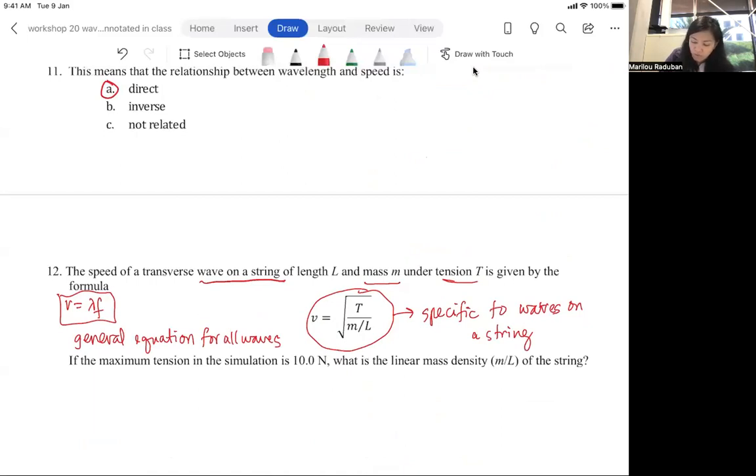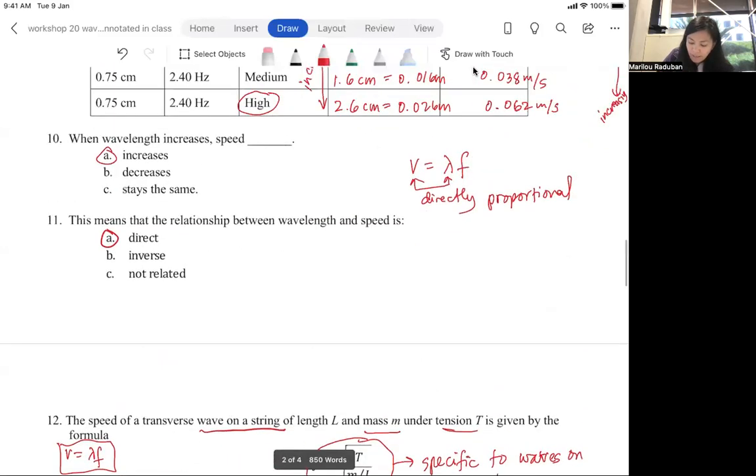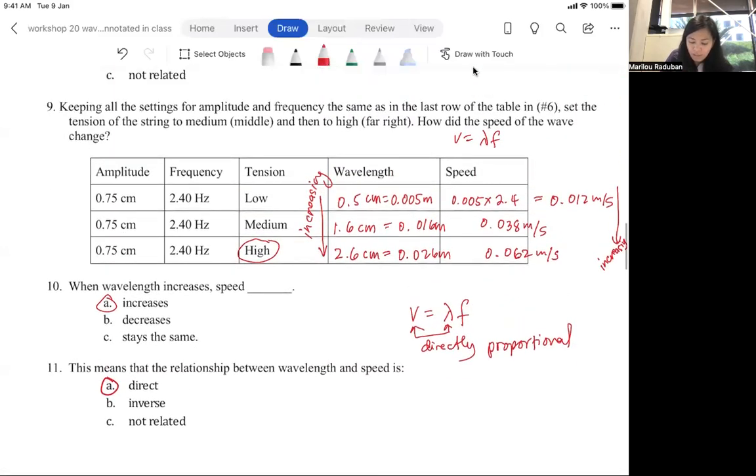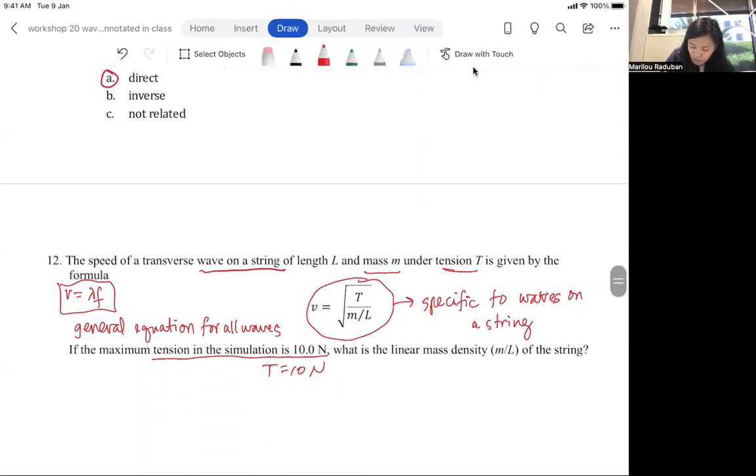From the previous exercise, the tension is 10 newtons, the maximum tension, and for the maximum tension the speed was calculated to be 0.62 meters per second. You're being asked to find what M divided by L is.